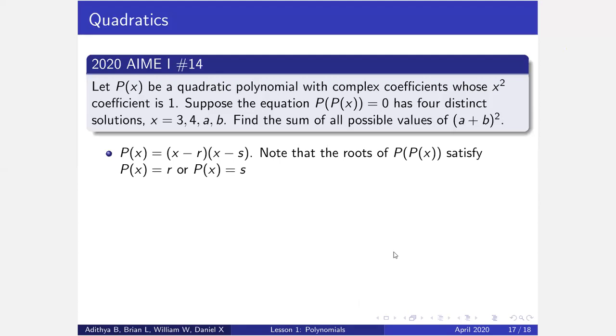So suppose that 3 and 4 are roots of the same quadratic. So suppose they're solutions to p of x equals r, say. That means they're roots of x minus r times x minus s is equal to r.